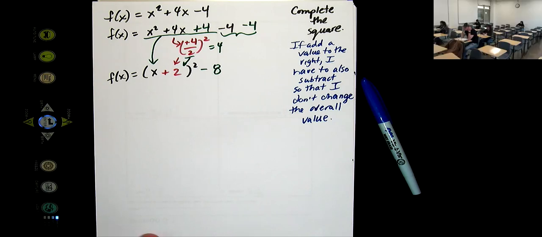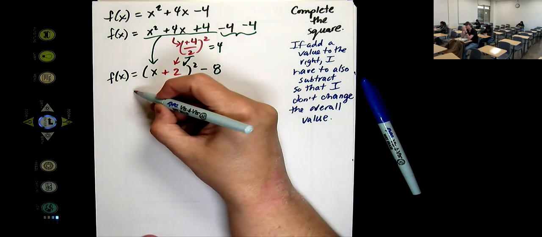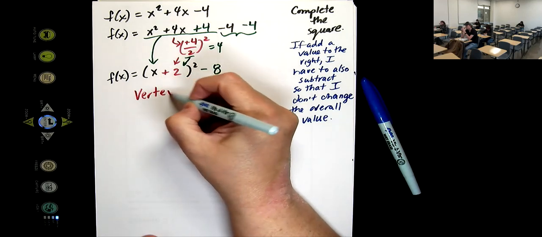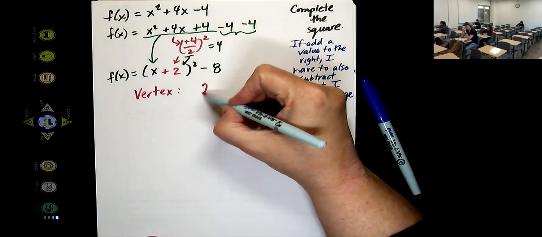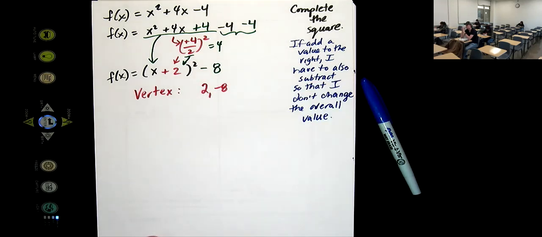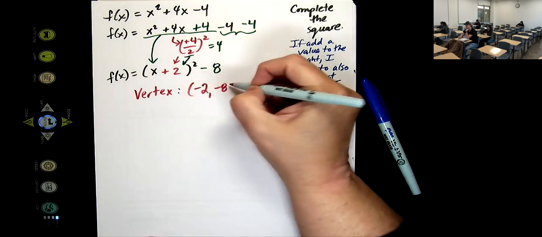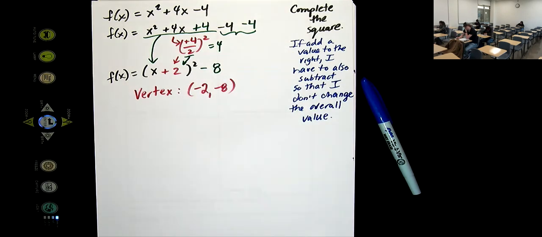So where is my vertex here? 2, -8. Close. -2, -8. Yes. The thing inside is the opposite sign.